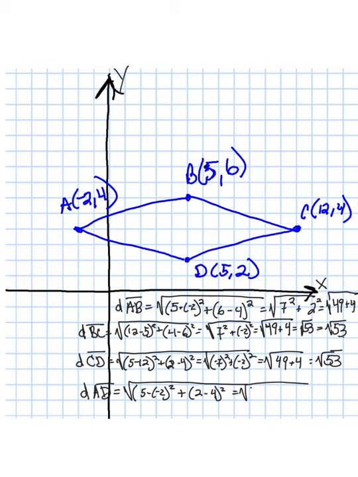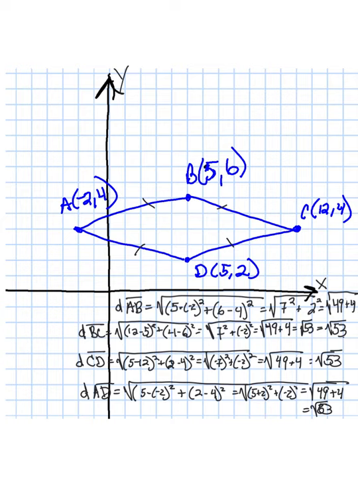So 5 minus negative 2 changes to 5 plus 2 squared, which we know is going to be 7, and 2 minus 4 gives us negative 2 squared. So 7 squared again gives us 49, negative 2 squared gives us 4, so we end up with the square root of 53. So since all 4 of these sides are equal to each other, we know this either has to be a rhombus or a square.